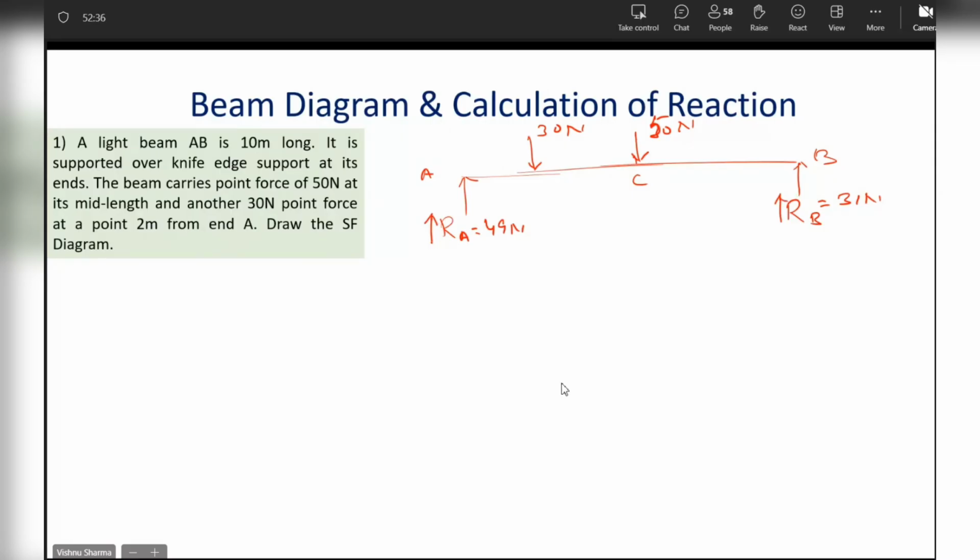Okay. Now let's take any 2 points along the length. Tell me, where do you want to take? You want to take between AD, DC, CB. Where do you want to take the first point? AD. Okay, let me take this point here, X. Tell me one more point where you would like to take it.